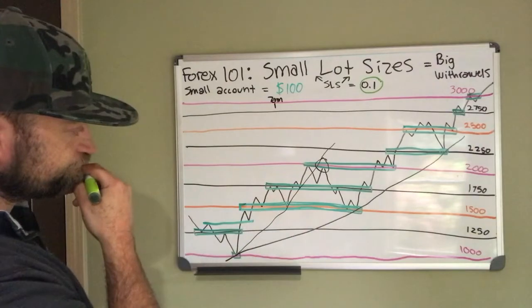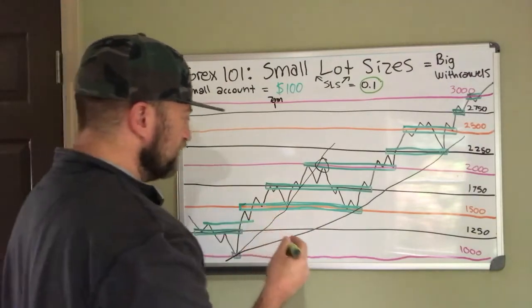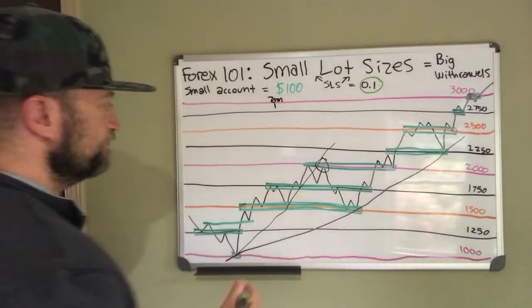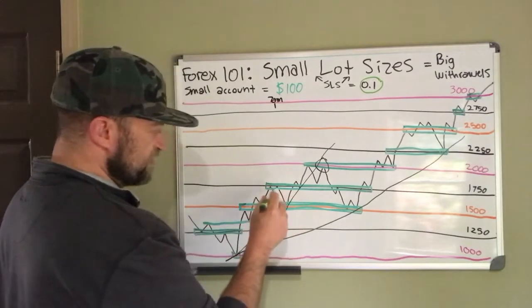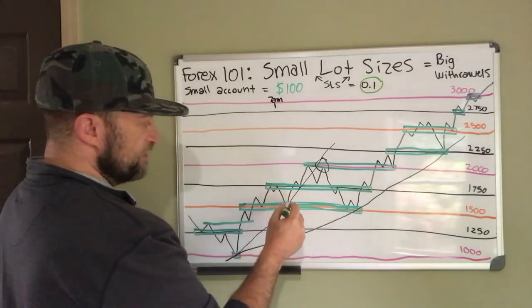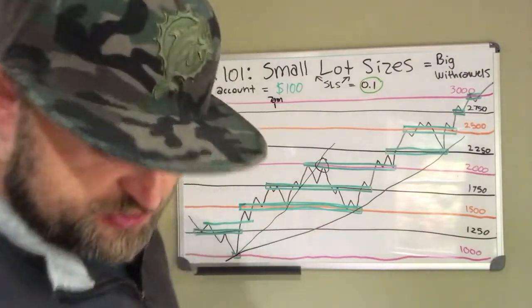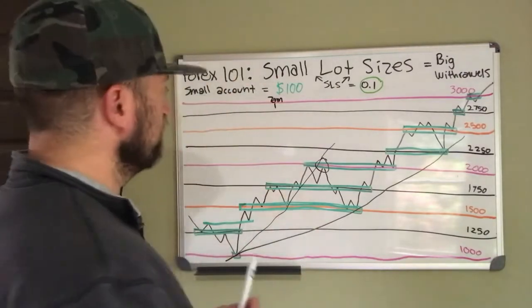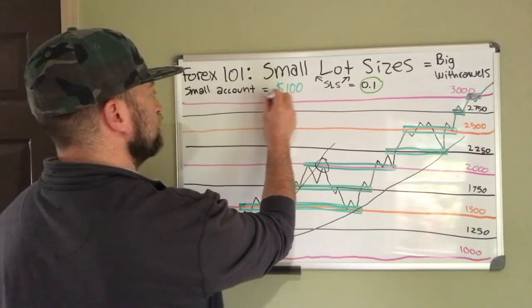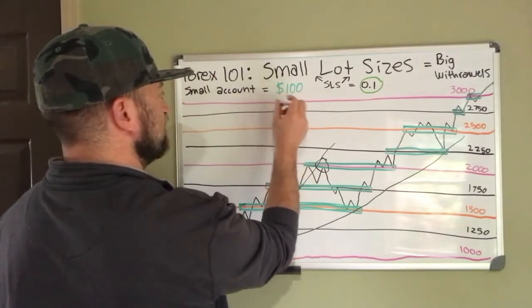Or maybe you waited, right? You were like, well, it's at the top, let me wait for this pullback. Or let me actually do it this way, because this would be better.